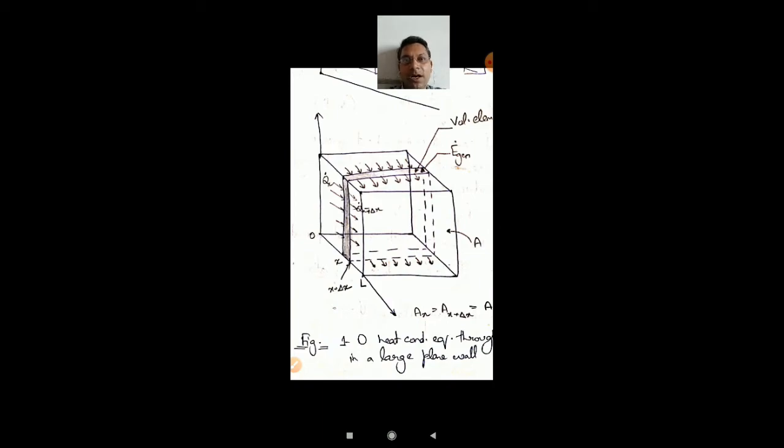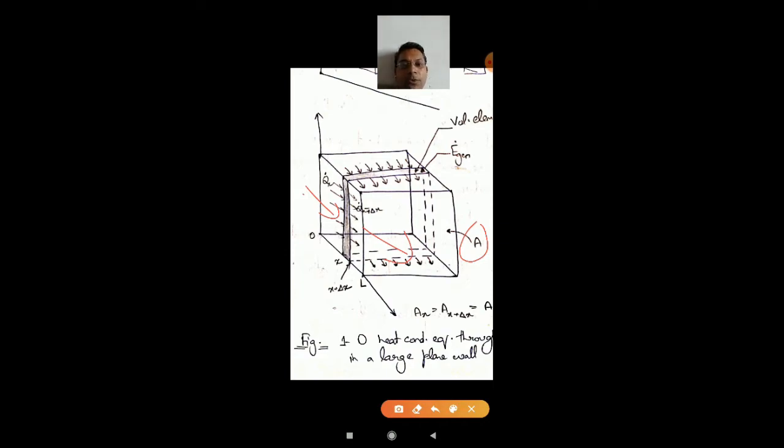These two assumptions are being taken, though in practical conditions these physical quantities of the material do change. Now, as you know, heat transfer is always normal to the surface, so heat is transferred along the normal. This is the area A, and heat is transferred normal to the surface. You can see this from the diagram.